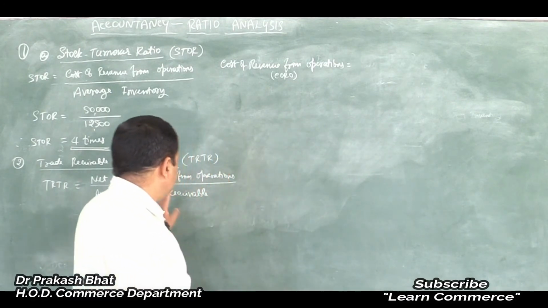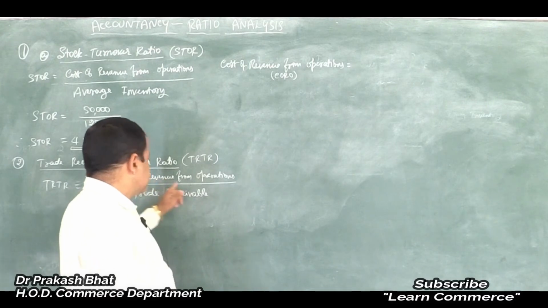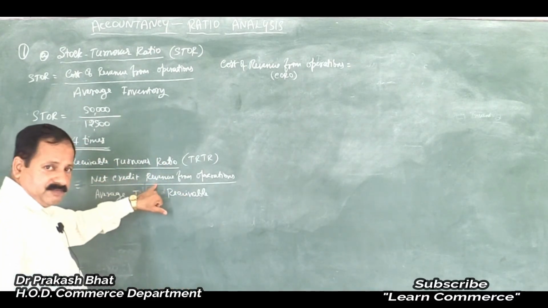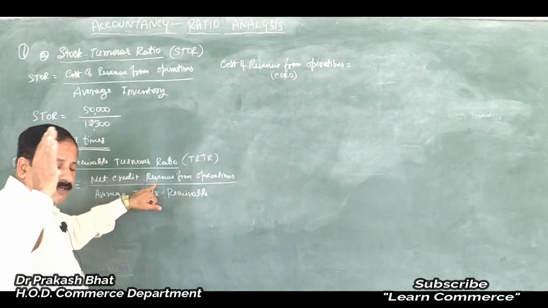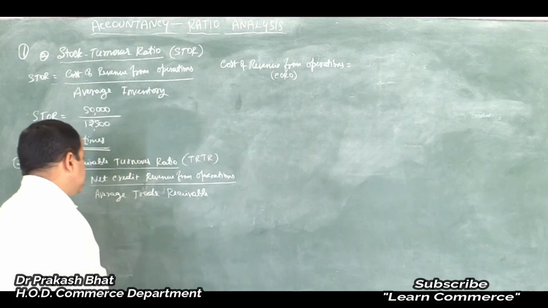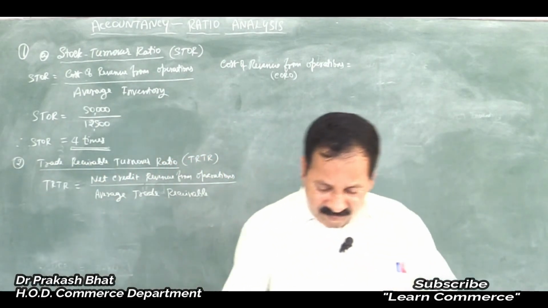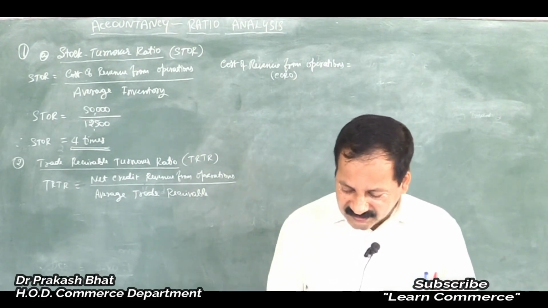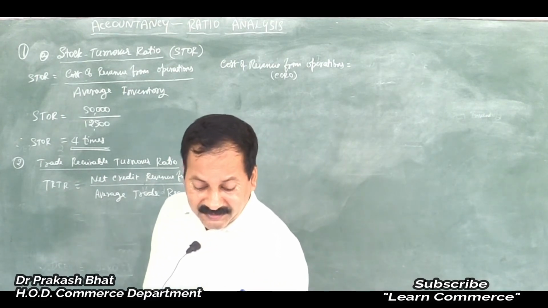Then remaining 75% you have to calculate and write here as net credit sales. Revenue from operations means sales, so net credit sales. So when cash sales are not given in the problem, then entire sales should be treated as credit sales only. So here revenue from operations is given in the problem. How much it is given? That is 1 lakh. Am I correct? Yes, 1 lakh is the net credit revenue from operations.